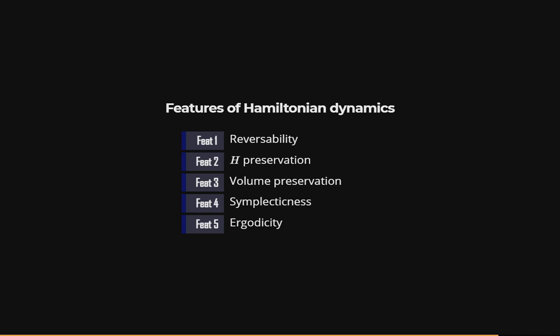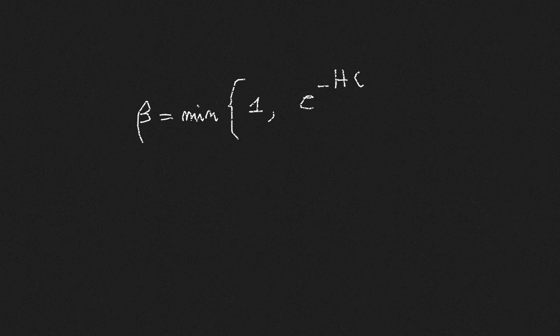Why do we care about H preservation? If you remember, the acceptance probability was the minimum between 1 and this ratio.